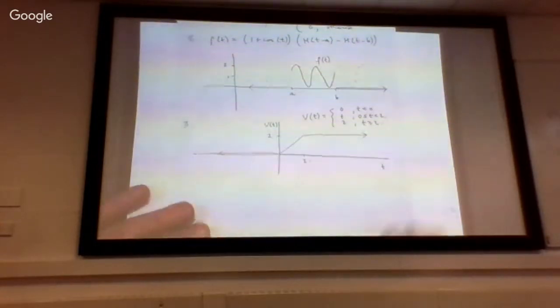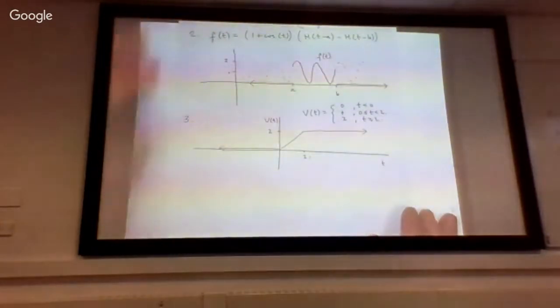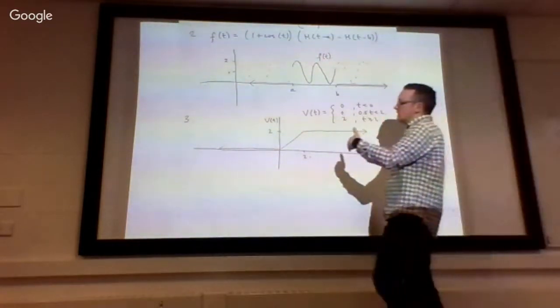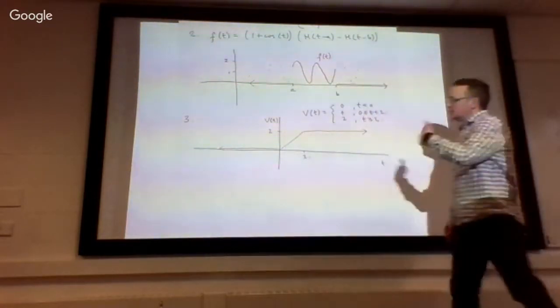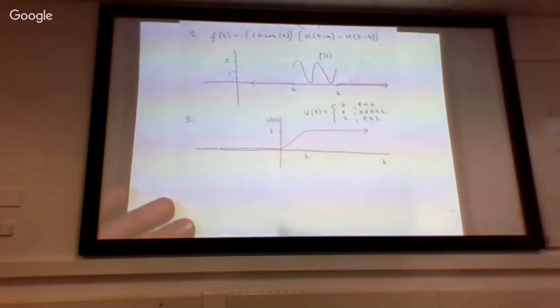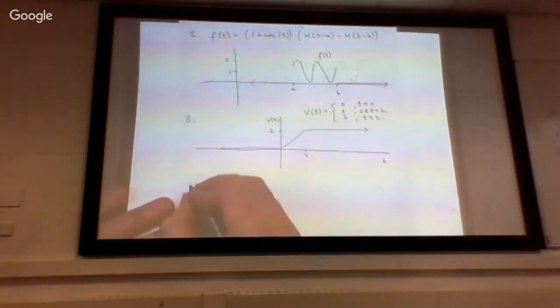Okay. So how can we think about this? Well, you just want to look at the various component parts and think about how they all go together to make up the function v. So how can we express v of t?